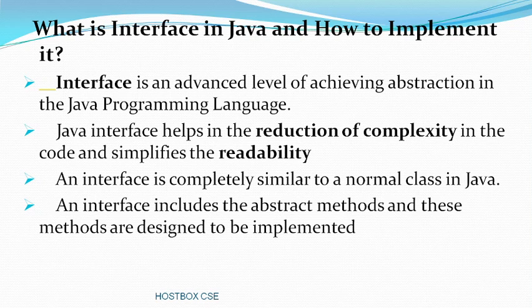For example, when a computer to computer connection happens, there is an interface, and they can mutually exchange data. Similarly here, an interface is similar to a Java class and helps to implement the methods.